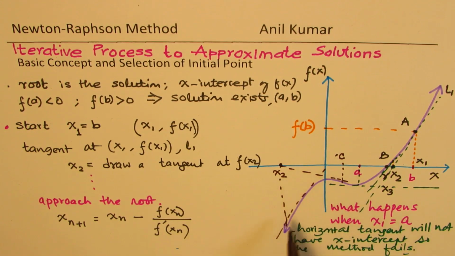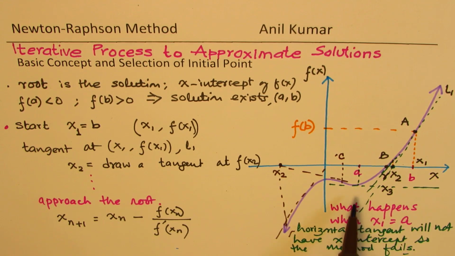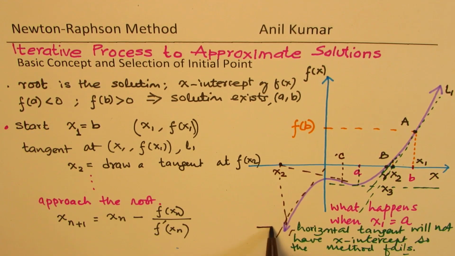So in that case, what happens? Well, in this case also, you may get a solution after many trials, right? So what you see here is that the process is very important. An important part of this process is your selection of the initial point, right? So that is kind of important to understand.